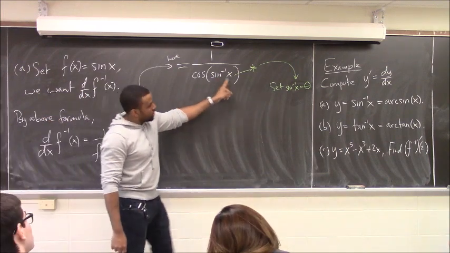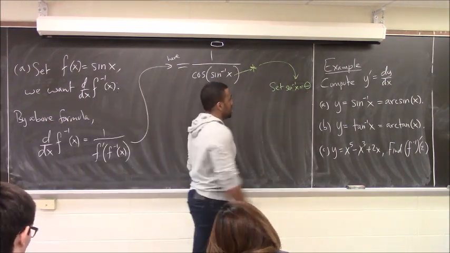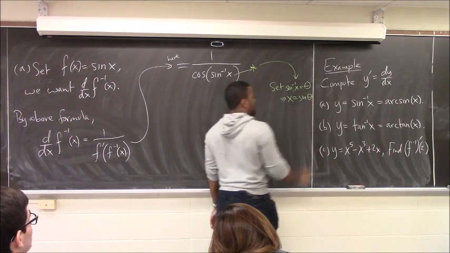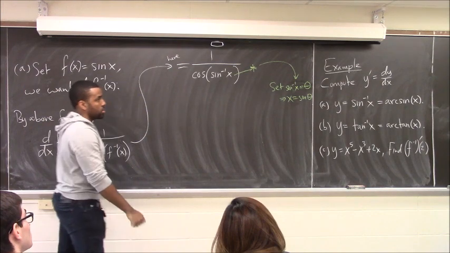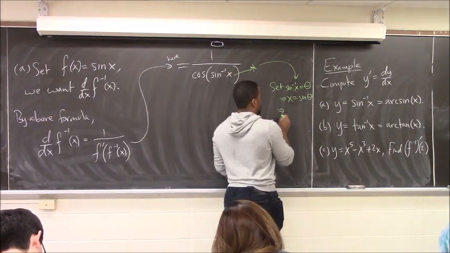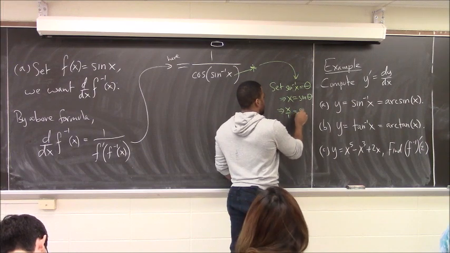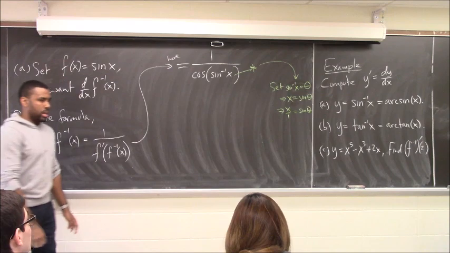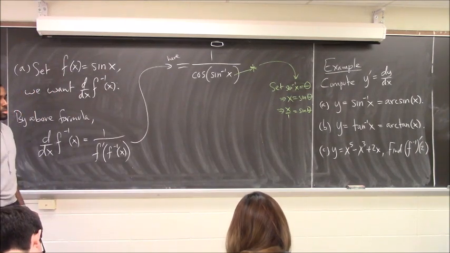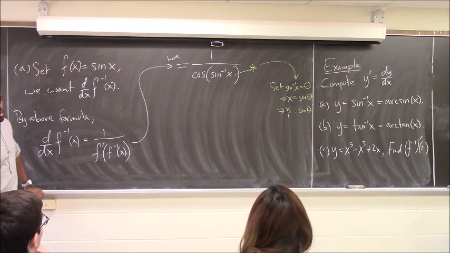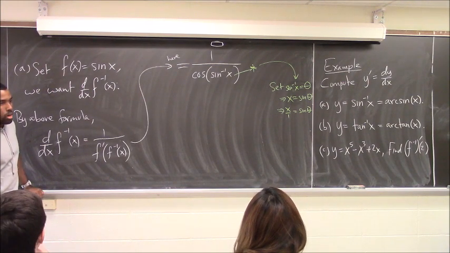So sine inverse of x should be some angle. It should be an angle such that if I take the sine of theta, the result is x. In particular, the result is x over 1. Does that help? What would you be able to say about theta? Sine theta is x over 1.